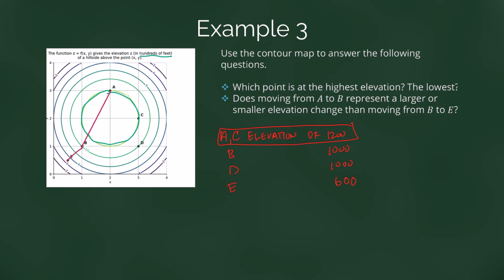So A to B is a further distance, but from A to B, our elevation change, we went from 1,200 down to 1,000, so that's a 200-foot elevation change. From B to E, we went from 1,000 to 600, which is a 400-foot elevation change. So even though the distance appears to be shorter, the elevation change from B to E is actually the larger one.